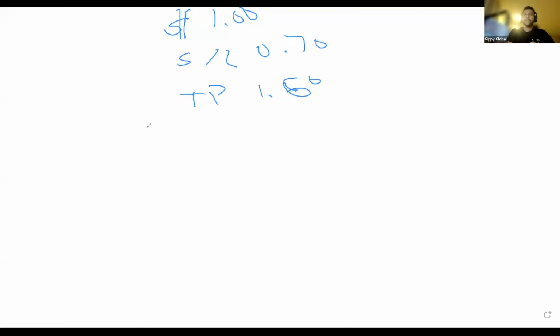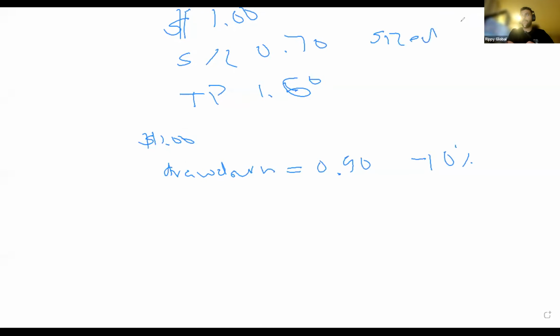Now, if I take this trade at $1 and the drawdown for it is 90, so it goes down 10% only. We've sized for 30%, but in this case, it only went down 10%.